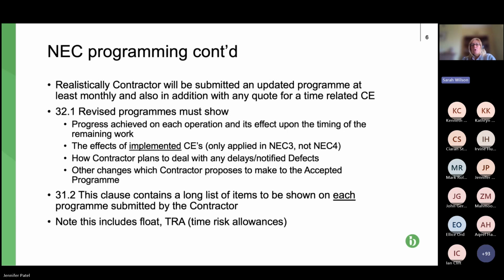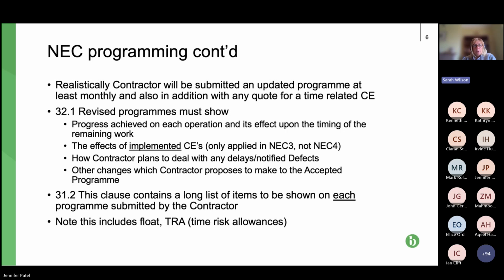Also, the other usual time when an updated programme is provided is when a contractor or subcontractor is providing a quote for a compensation event, where they are requesting more time as well as money. So if you're requesting more time, the requirement is that you must submit an updated programme to justify the time that you're claiming.